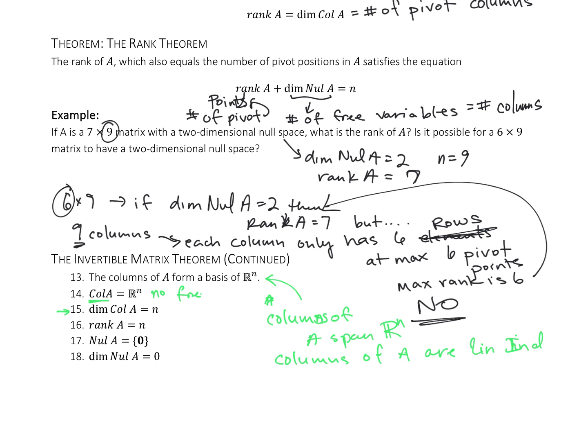So I have no free variables, which means that all of my columns are pivot columns, which means that all of the columns are going to be included in the basis for Rn. So they're equal. The rank of A is equal to the dimension of the column space of A, so they both need to equal n, because again, we have no free variables. So then the null space of A being equal to 0 means that we have no free variables.